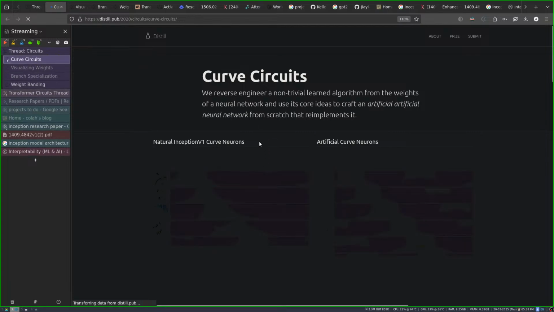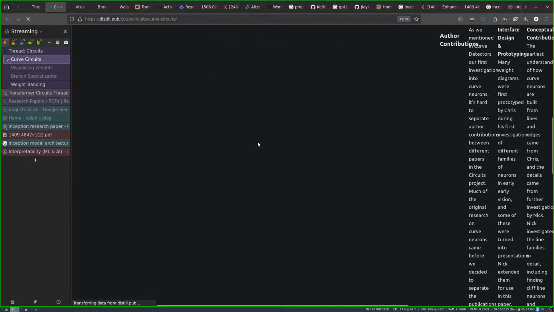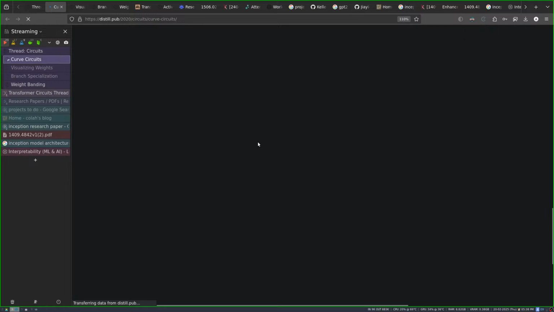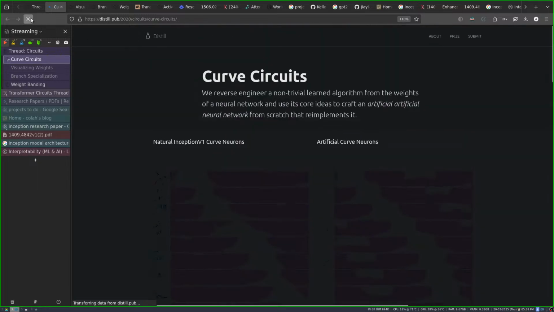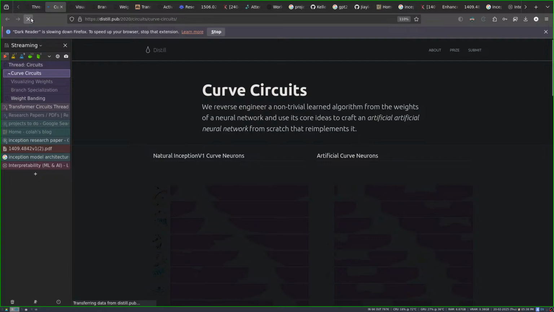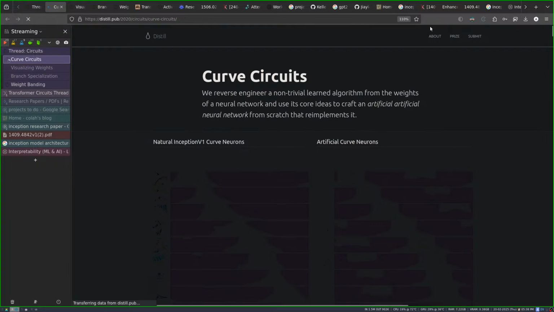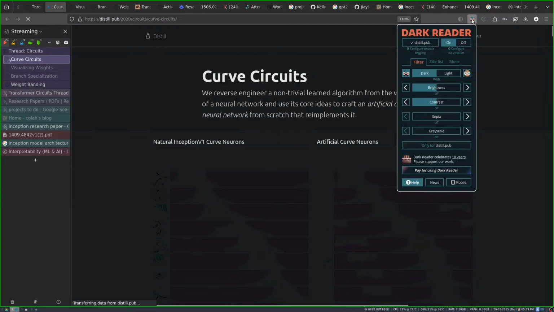Curve detectors. Wait, what is this? What is this, man? Why is Dark Reader slowing down Firefox? Please close your eyes.